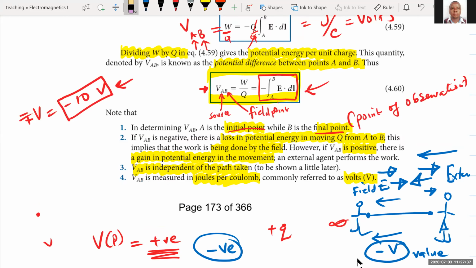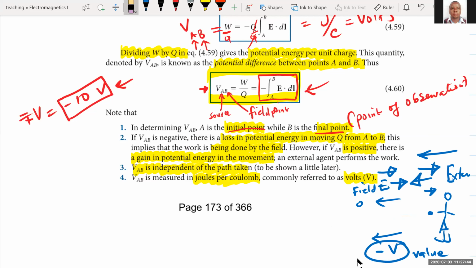And as we are reading, if VAB is negative, then there is a loss in potential in moving Q from A to B. This implies that the work is being done by the field. When the field is attracting the charge, that means that it is doing a negative work.